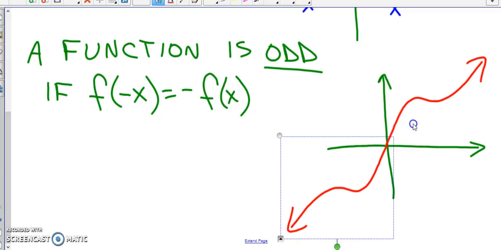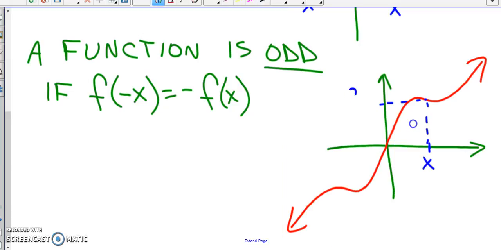So the idea is, that's f of x. And if this is negative x, then this would be the opposite of f of x. So the output comes out to be the opposite. This is called origin symmetry, because if you rotate that graph 180 degrees about the origin, you end up with the same graph.